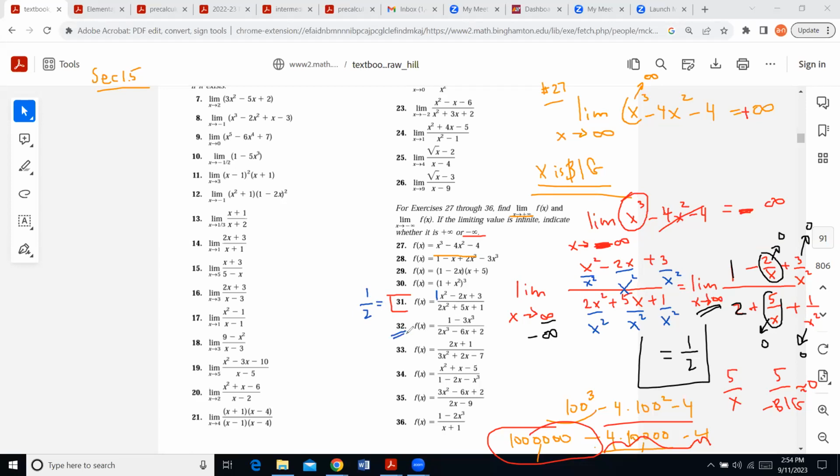Analogously, for the next exercise, I could do the same exact thing. I can see that we have cubes here, right? So I can say the limit will be -3 on the top, coefficient, and +2 on the bottom. So it's -3 over 2. And that's it.